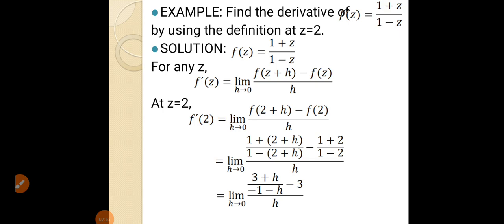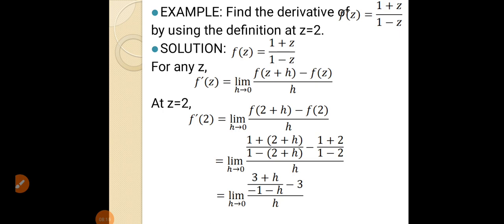Here we have f(z) = (1 + z) / (1 - z). So in place of z we put 2 + h and 2.